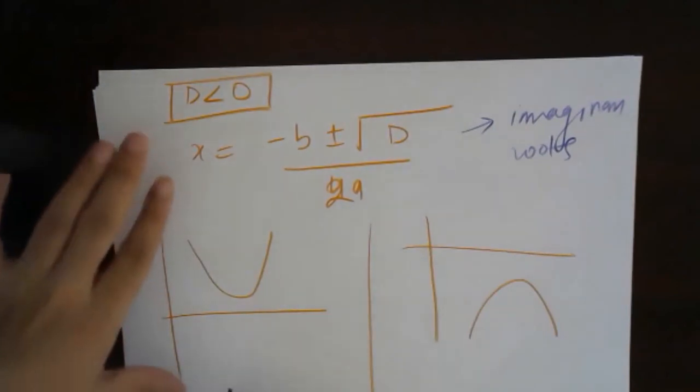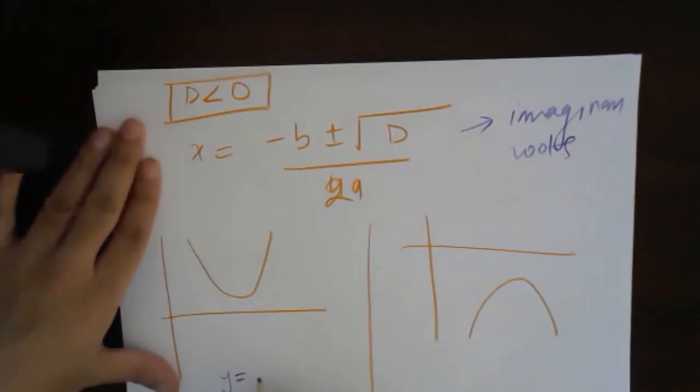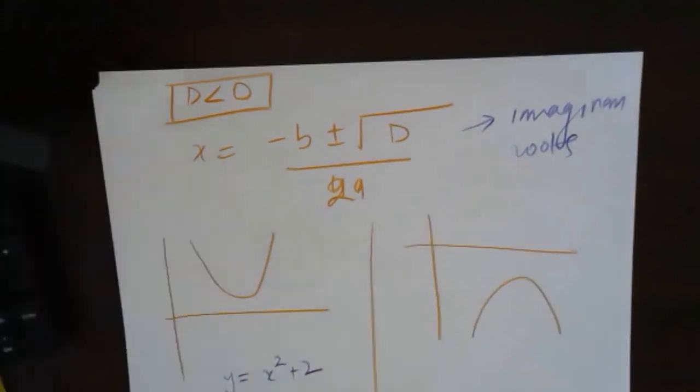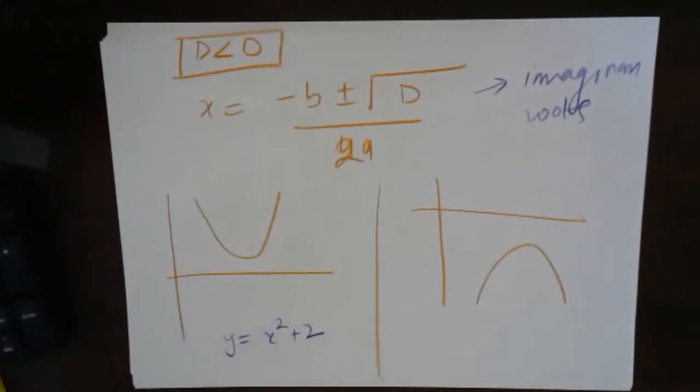For example, suppose y is equal to x square plus 2. Suppose this was a quadratic expression. Right now, do not think about iota or imaginary numbers. Just graphically, let's understand what this means. Y is equal to x square plus 2.